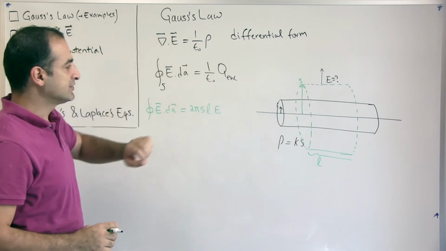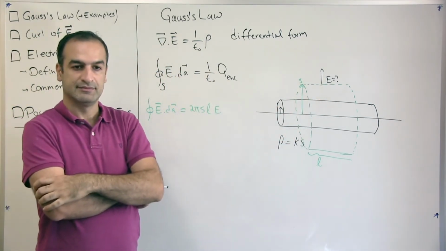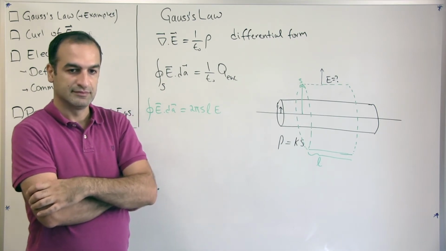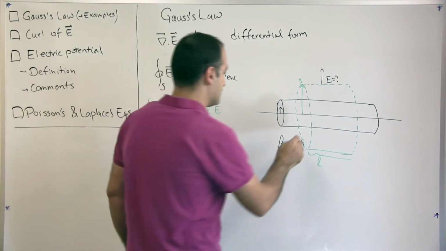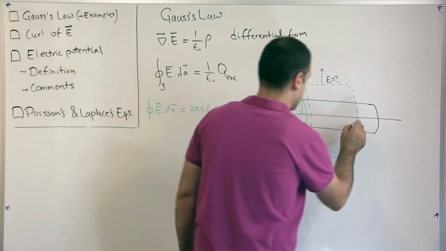What is the enclosed charge within this green cylinder? So it's technically a portion of the very long cylinder we have, right?